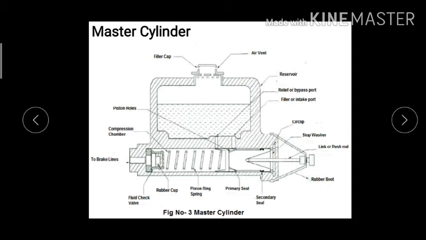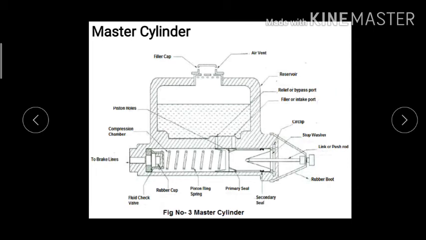By the time the master cylinder is filled, the oil coming from the wheel cylinder through the brake lines will also lift the check valve and enter the master cylinder. So there will be an excess amount of oil, and this oil has to be released back into the reservoir through the bypass port.